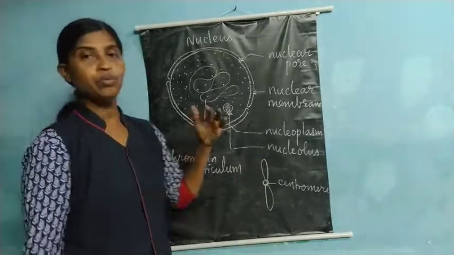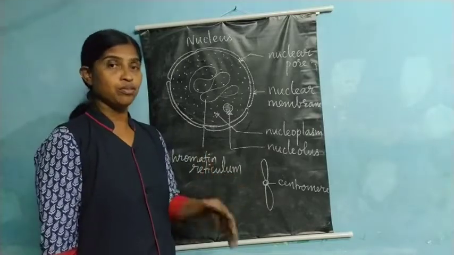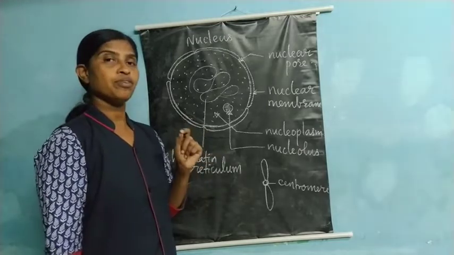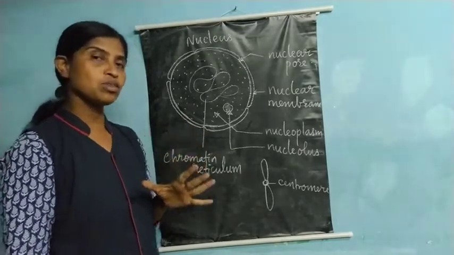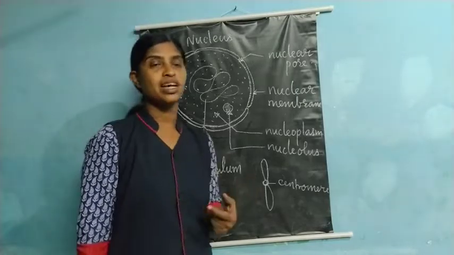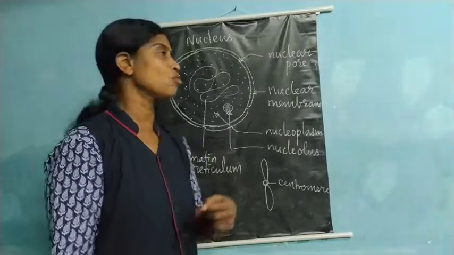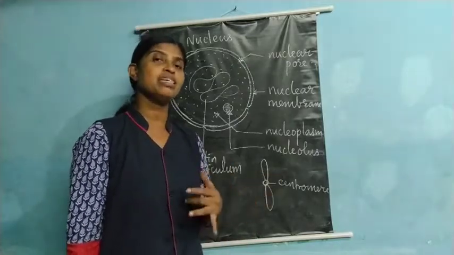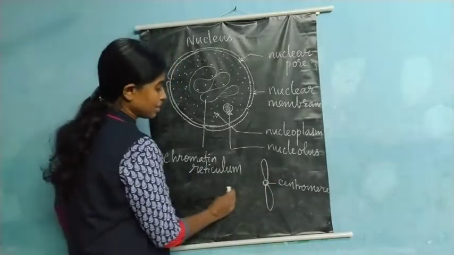Now we want to know how many chromosomes are found in organisms. Human beings have 46 chromosomes, right? Out of 46, 44 chromosomes are called the body chromosomes, and the 2 chromosomes are called the sex chromosomes. These chromosomes are always in pairs, otherwise you say 23 pairs.